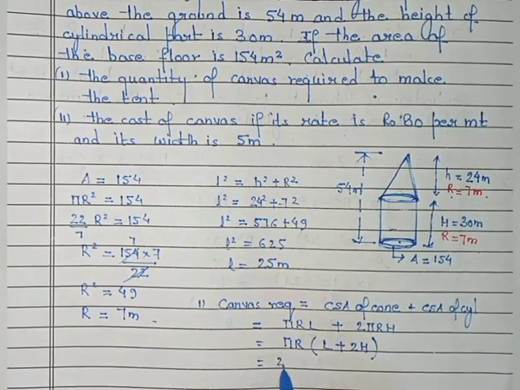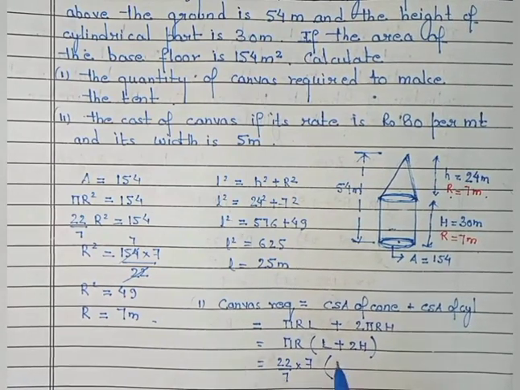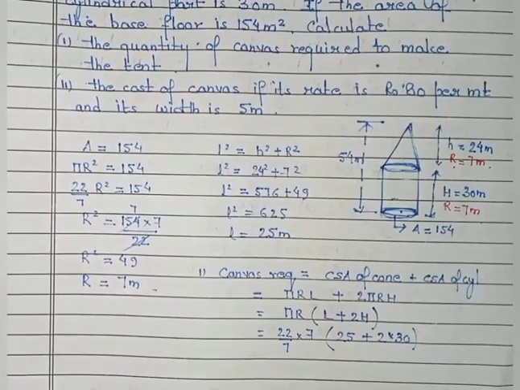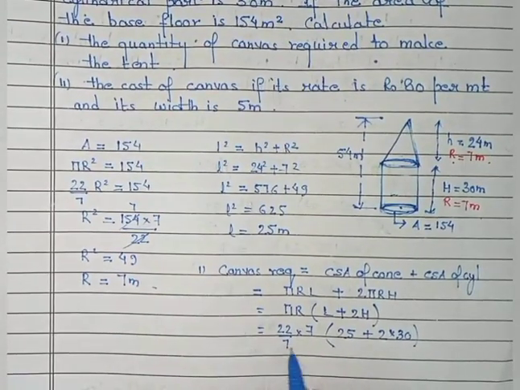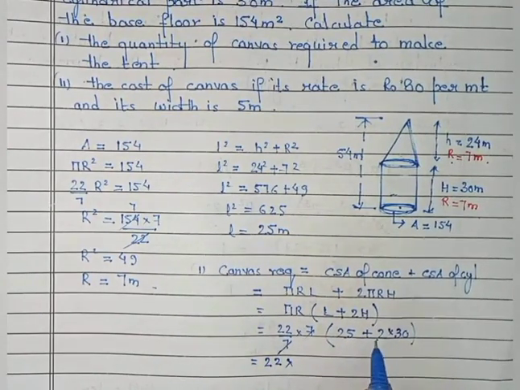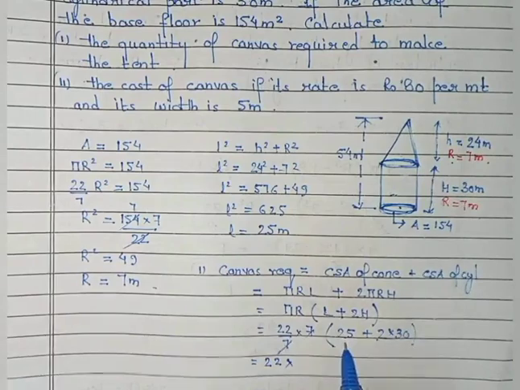So pi is 22 by 7, radius is 7, slant height is 25, and the height of the cylindrical portion is 30. When you simplify this, you will be getting 22 into, this will become 60 plus 25.